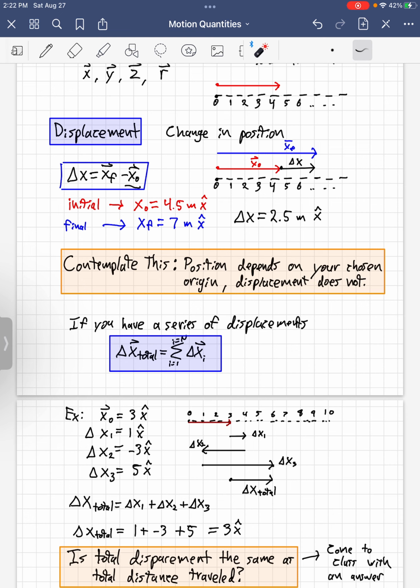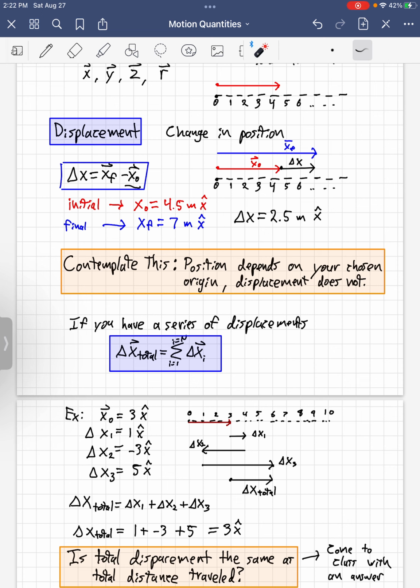If initially your position is x naught, and that position is 4.5 meters, and then your final position, x subscript f, is 7 meters, then the displacement, how far you have moved between those 2 points, would be xf minus x naught, which would be 2.5 meters for this example.